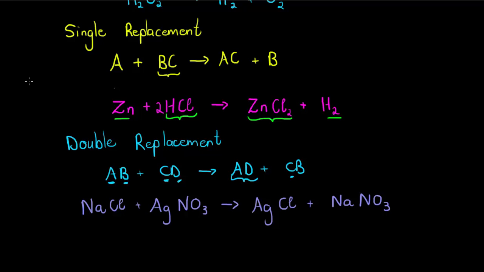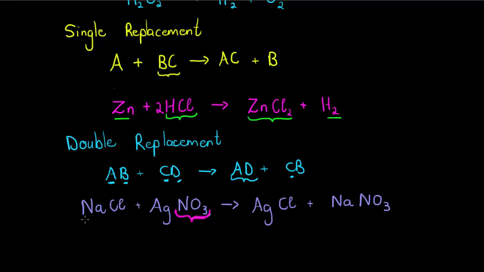Let me show you the double replacement. Here comes into play what we call an ionic compound, and that is this nitrate here. We are going to consider this nitrate as an ion by itself.